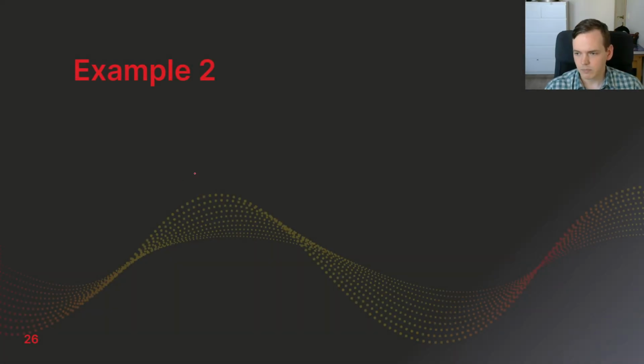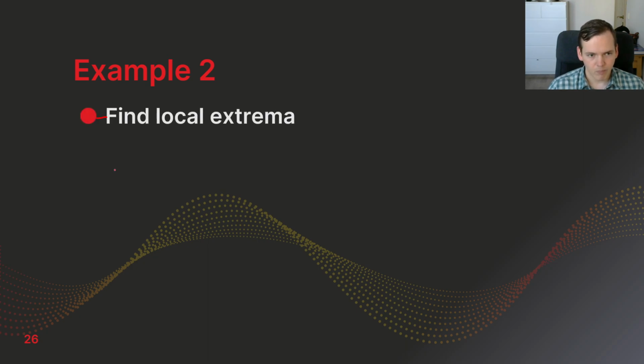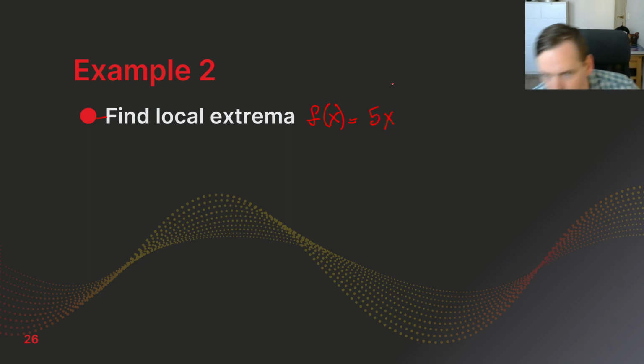So we're going to look at a slightly more complex example now, which is the function f of x is equal to 5x to the 1/3 minus x to the 5/3.